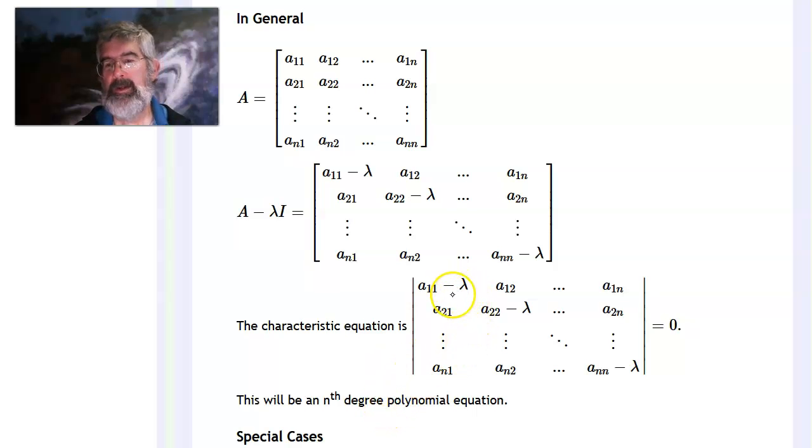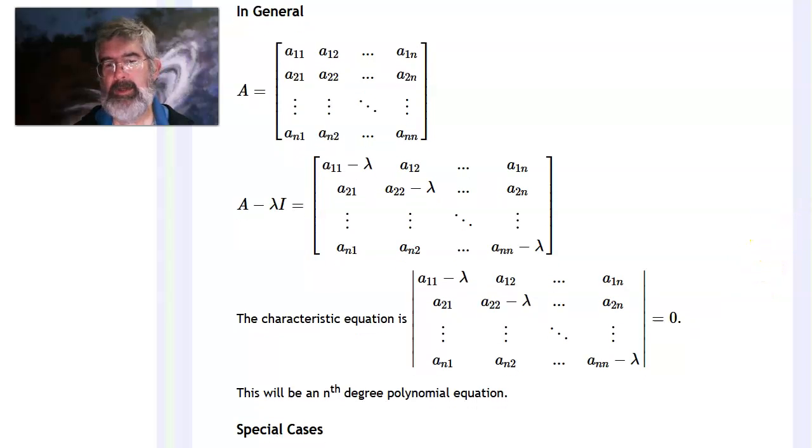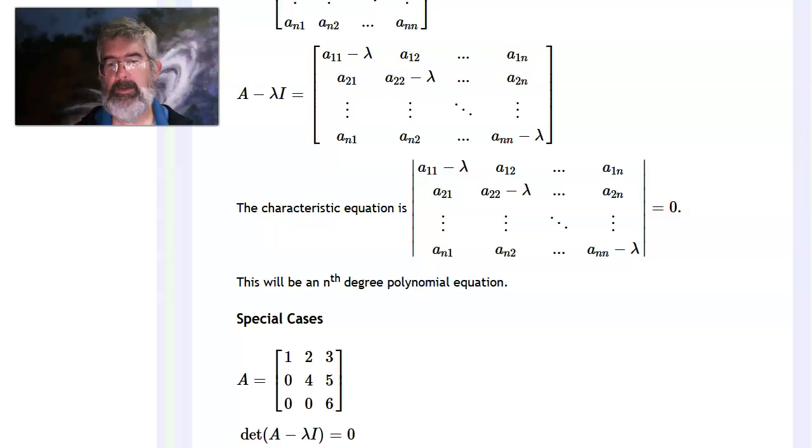That is, when you take this, you're going to have this a11 minus lambda times a subdeterminant here, and then this times some subdeterminant. Eventually you're going to get this term times that term. All of those diagonals are going to be multiplied together, which will end up with an nth degree term for lambda.